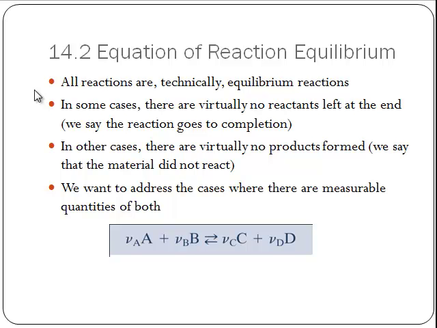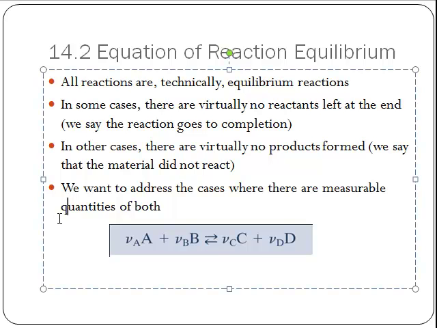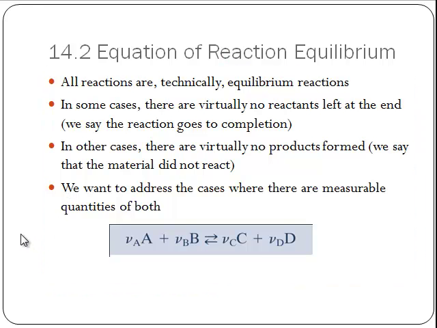Other times I put two molecules together and I wait a long time and they don't ever appear to react, and so I would say that the stuff just simply did not react. But what we really want to talk about is those cases where I have measurable quantities of both reactants and products.